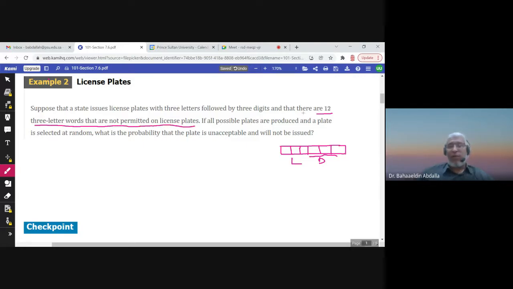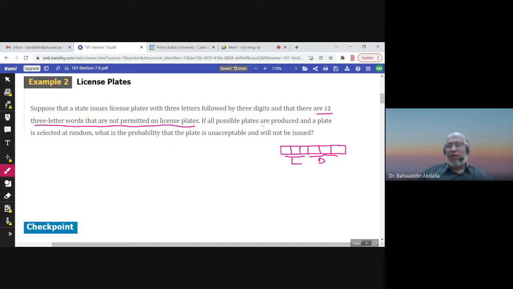Okay. So there are 12 3-letter words not permitted. So for example, CBA is not permitted. Okay. 12 words are not permitted.